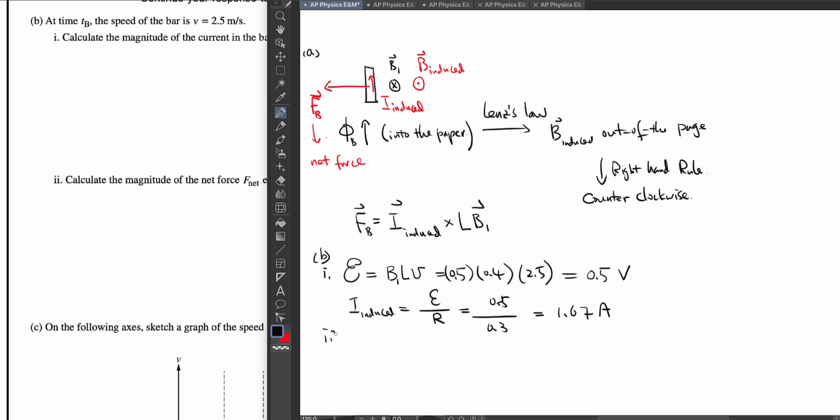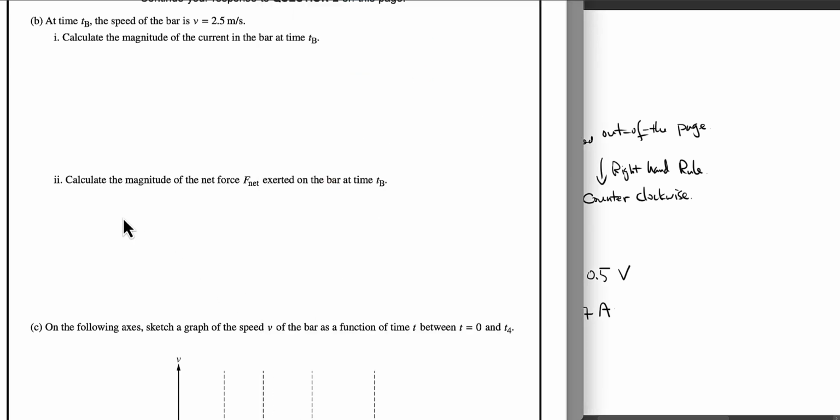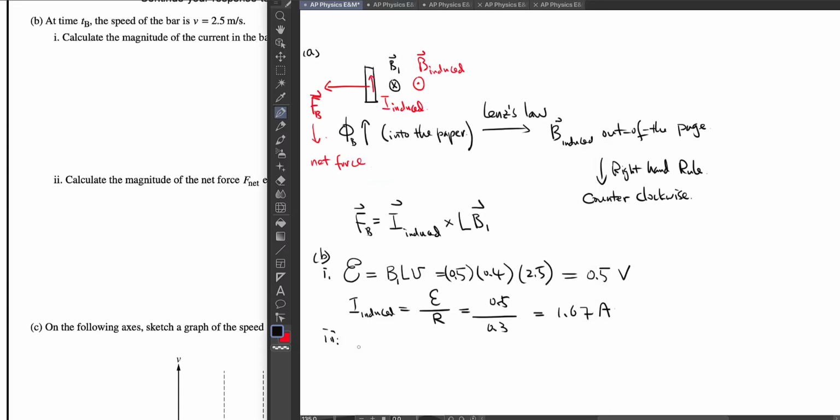Question number 2, calculate the magnitude of the net force. So the net force is from this equation here. Okay, so we'll see they have a 90-degree angle. So the cross product here introduces sine 90 degrees, which equals 1.